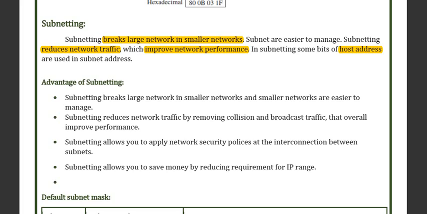Now, subnetting. Subnetting means breaking a large network into small networks, because if you don't subnet your networks, your IP addresses will be misused.